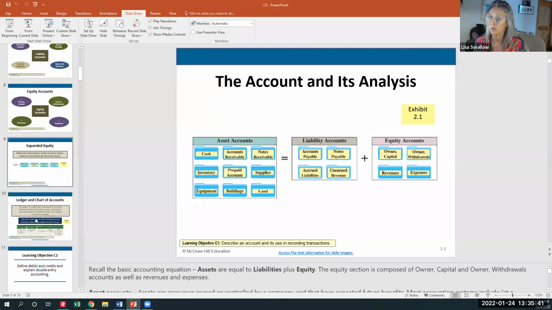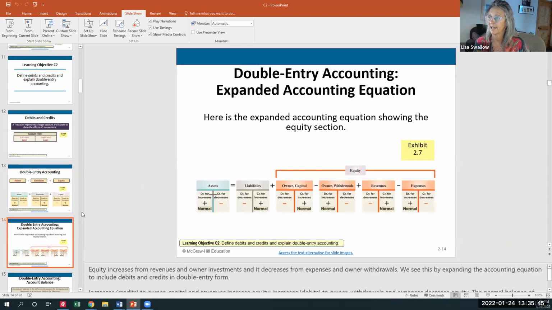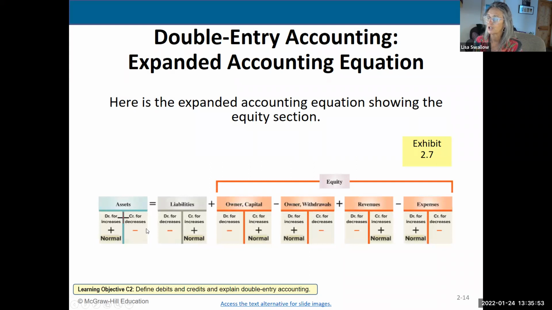I now need to go to the tool that we made and say, hey, what actually do I do for debits and credits? Well, if cash goes down, do you debit it or credit it? And you credit it, right? You credit an asset to decrease it. And accounts payable went down.